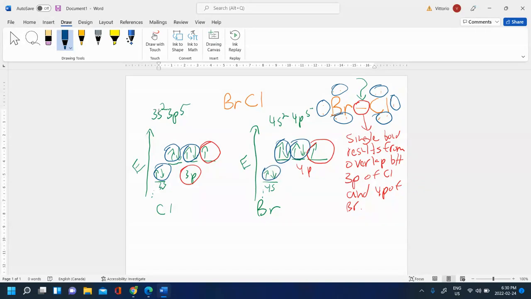So you can also explain your lone pairs. You can say that lone pairs in bromine can be found in the 4s and 4p orbitals, and specifically it's the x and y ones.